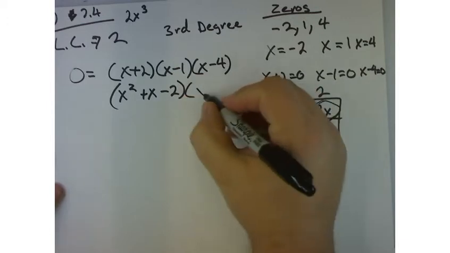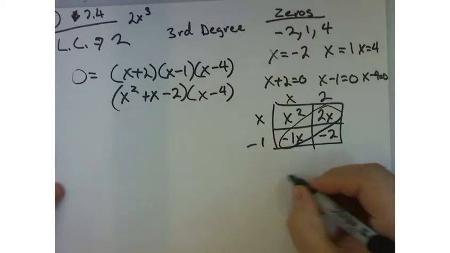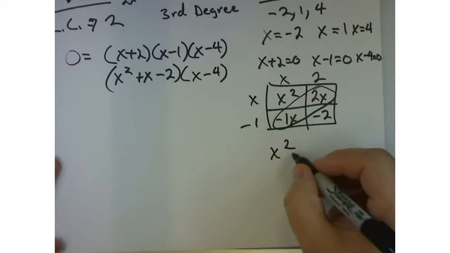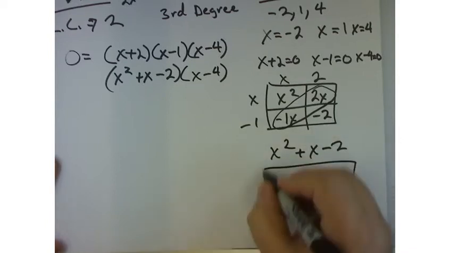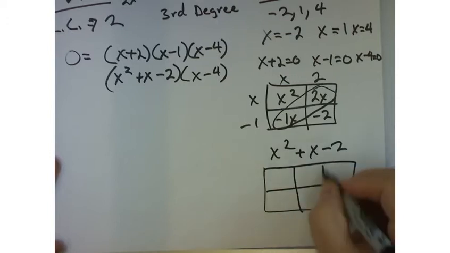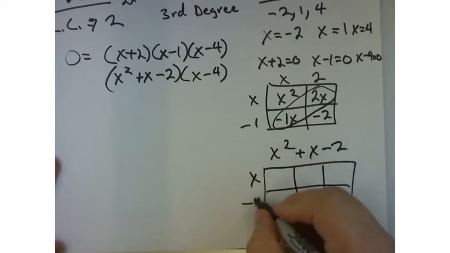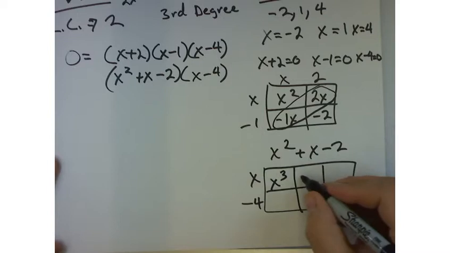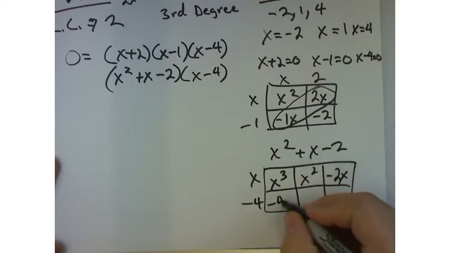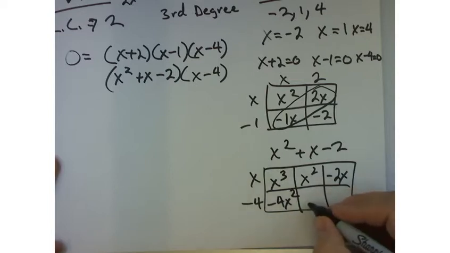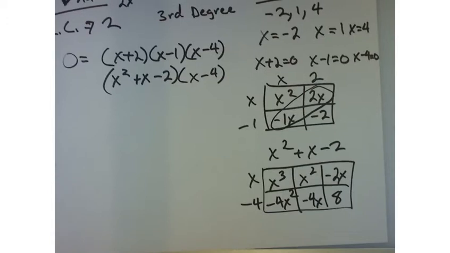Times x minus 4. So now if I say x squared plus x minus 2 times x minus 4, I get x cubed, minus 4x squared, plus x squared, minus 4x, minus 2x, and then positive 8. Is that right so far? You guys with me so far?